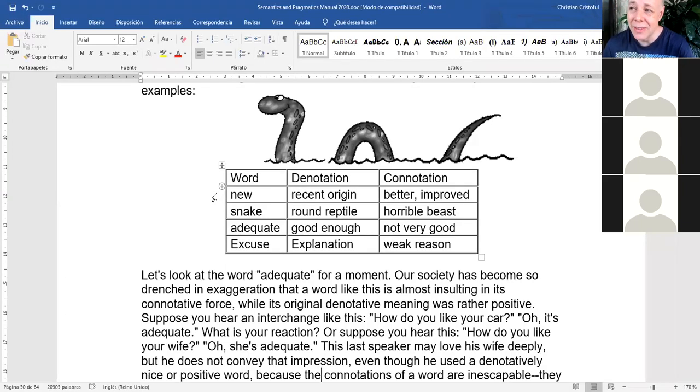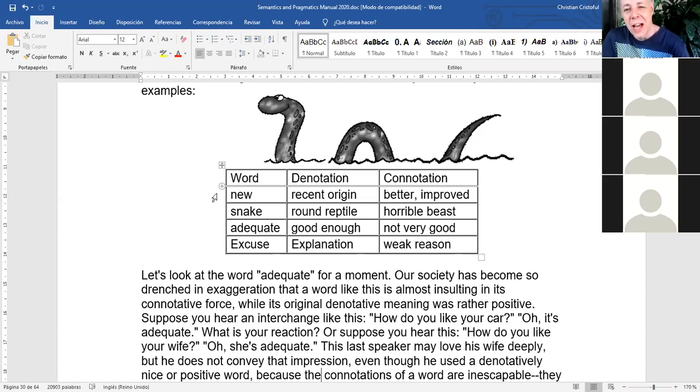But does the definition of the word imply not very good? Not really. It implies the opposite actually. It means good enough. It's just the way people use it in English. In Spanish, if we say, qué adecuado es haber comprado esto, still would be good. Adecuado is good in Spanish.